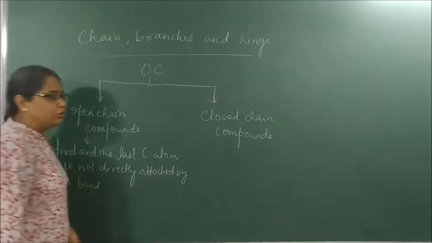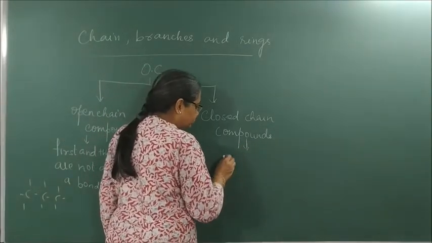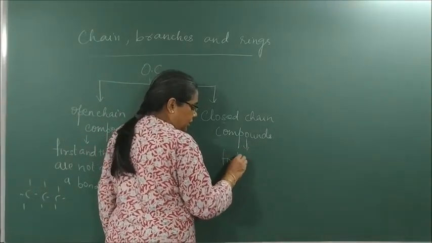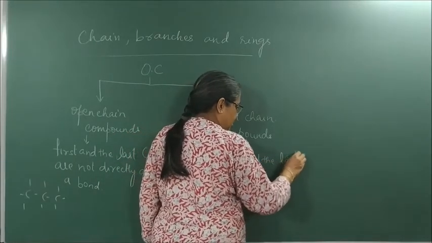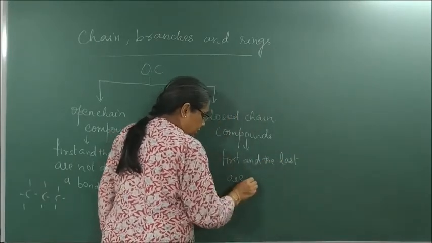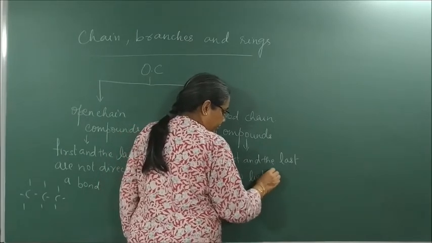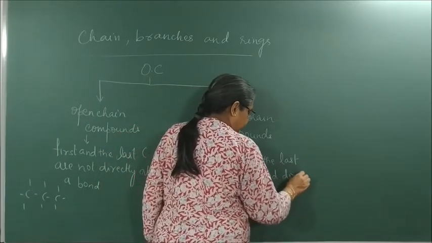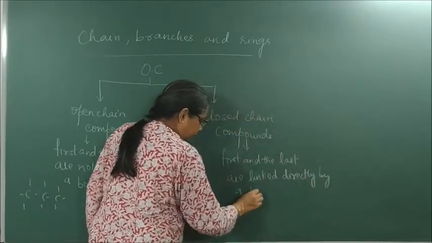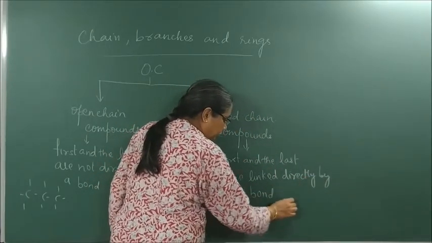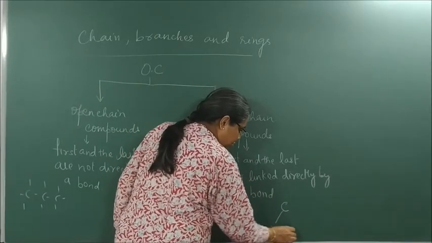Now, what are closed chain compounds? When the first and the last are linked directly by a bond. Let us suppose 1, 2, 3.